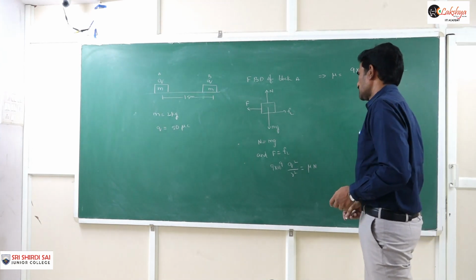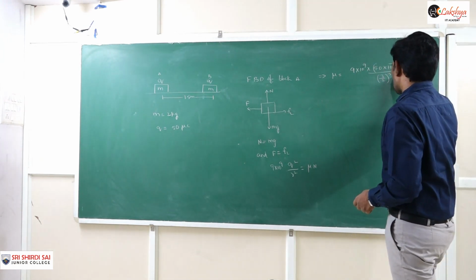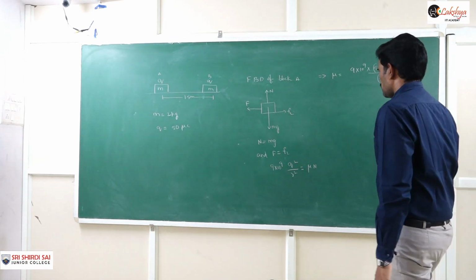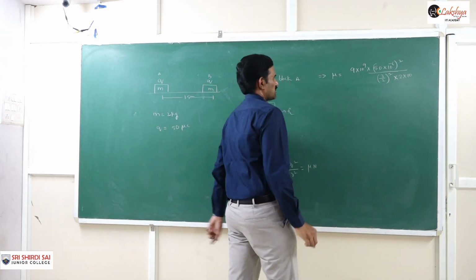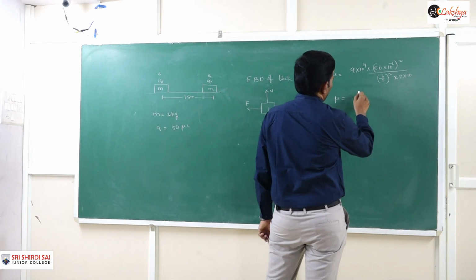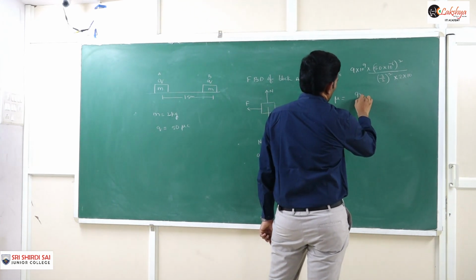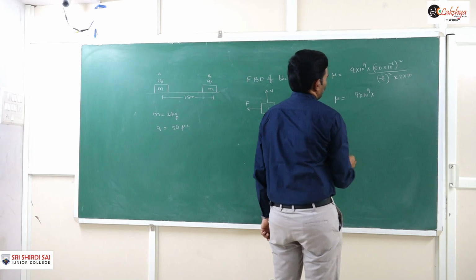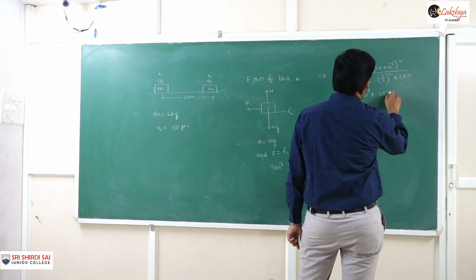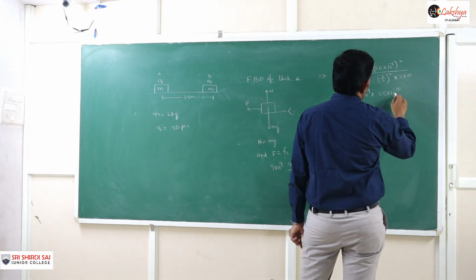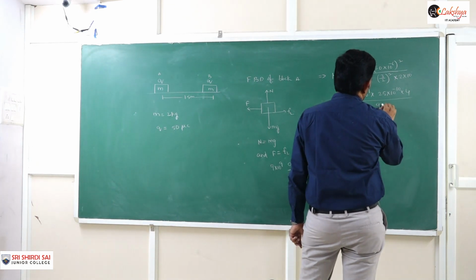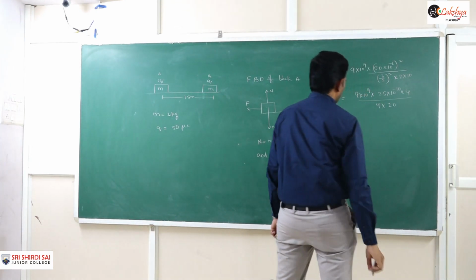The mu value is nothing but, you can substitute these numericals here. The mg value is 2 into 10, taking g as 10. So you can simplify this. It is 9 into 10 power 9, times 5 into 10 power minus 5 squared, that is 25 into 10 power minus 10, and this 4 comes to the numerator, over 9 into 20.